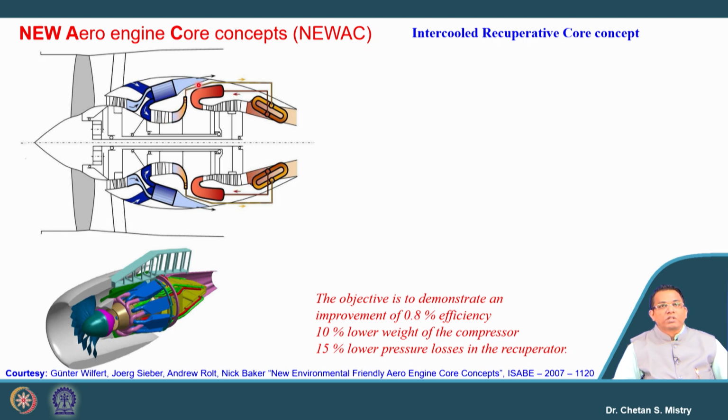As we have discussed, this configuration is basically an intercooled and recuperative core concept. Here we have a centrifugal compressor, from where the air passes through the recuperator and gets heated up. That heated air then passes through the combustion chamber, and here we have the turbine.